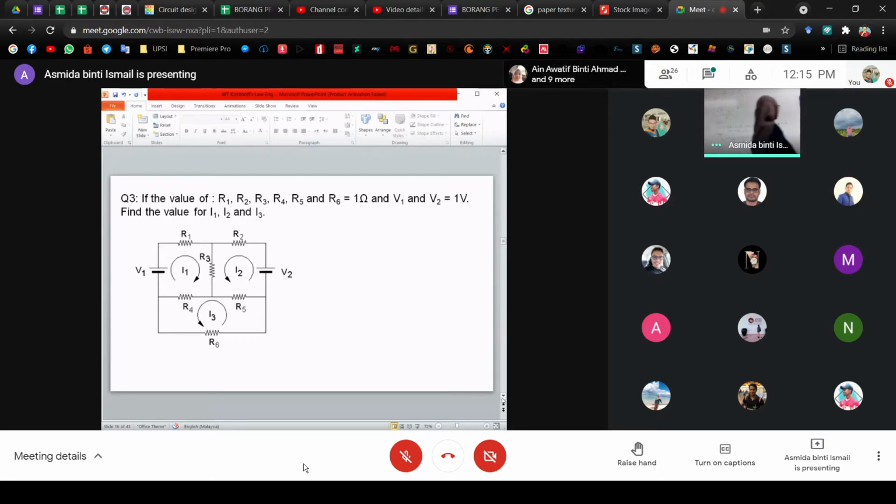So here we will get this: 3 I1 plus I2 plus I3 is equal to 1.